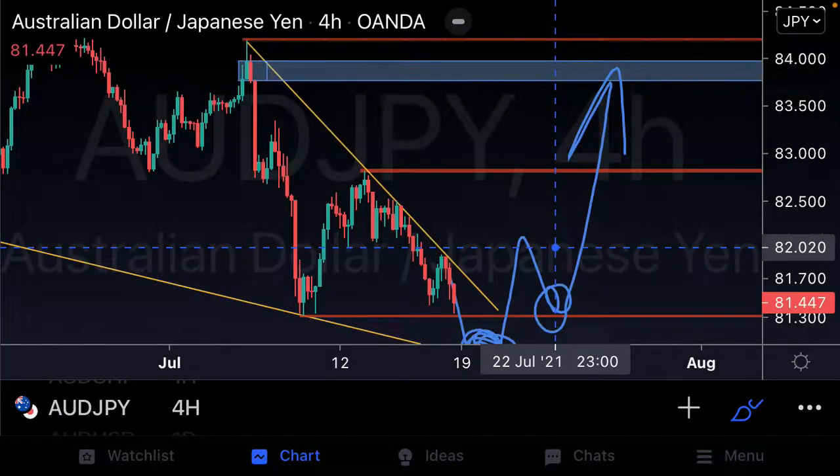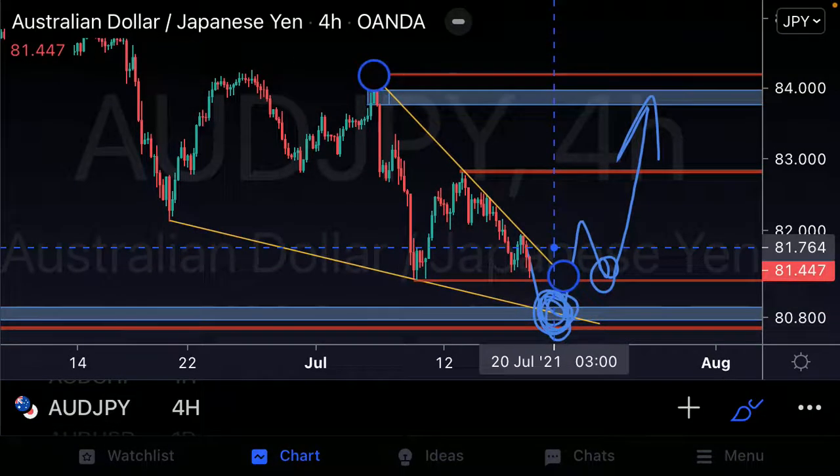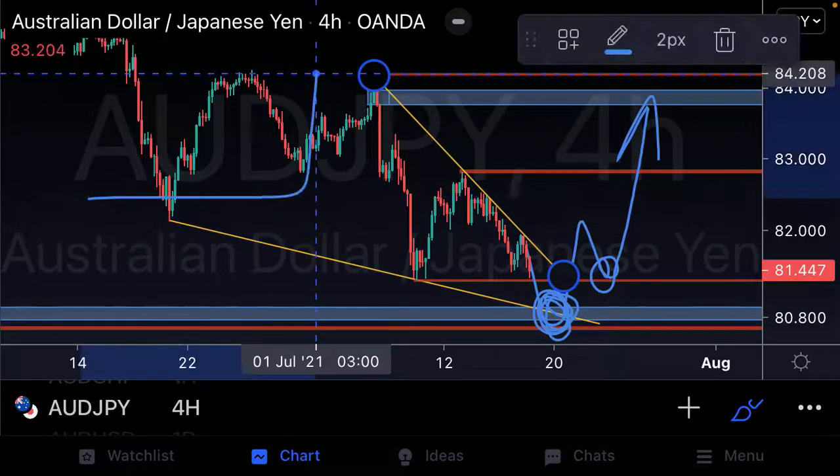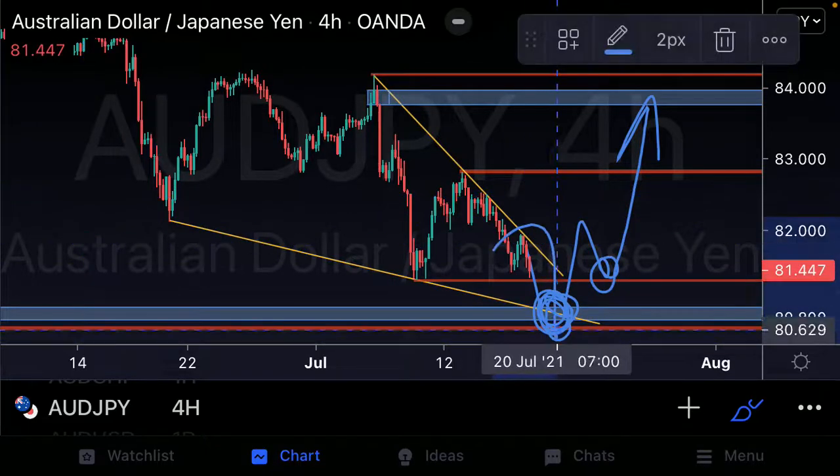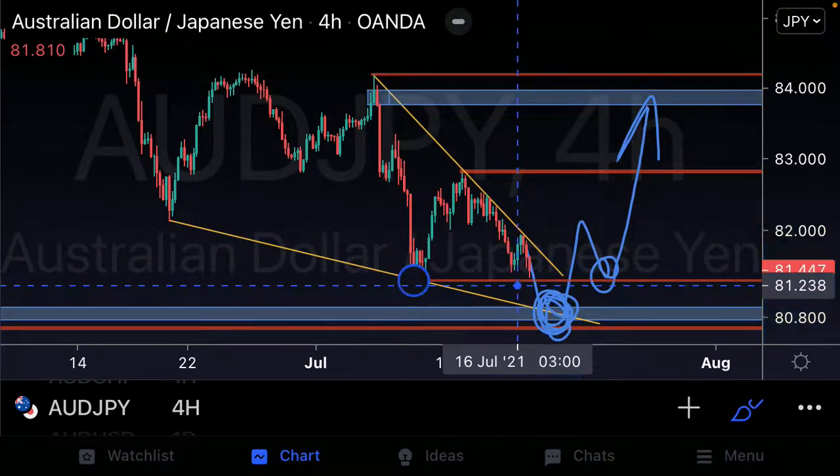If we go back and reflect on our analysis and look at what we're looking at on AUDJPY, we are looking for a trade in the opposite direction. So what we're doing over the course of next week is we're expecting JPY strength or JPY weakness. So if AUD is the main mover and we see AUD weakness over the course of next week, then obviously we'll see these pairs moving to the downside.